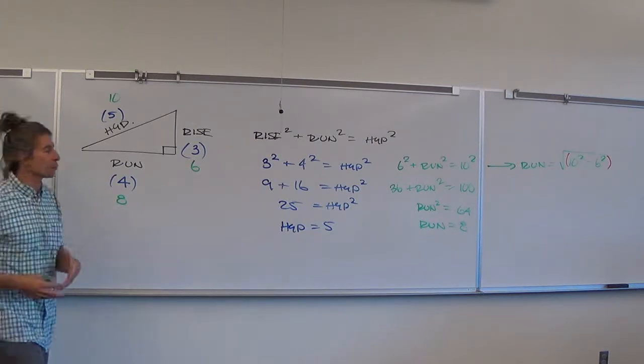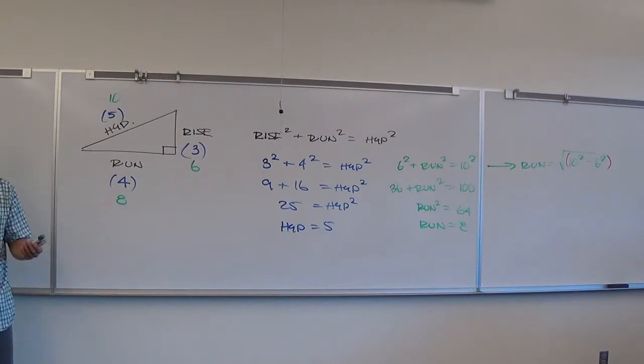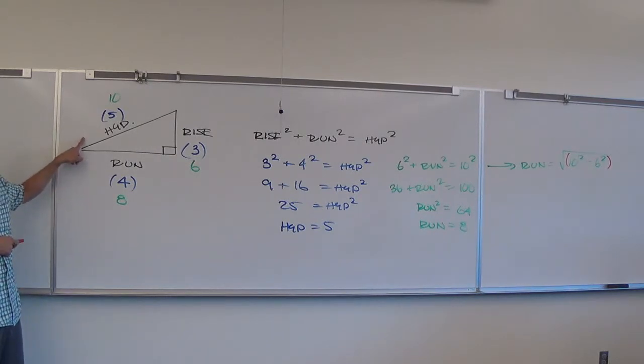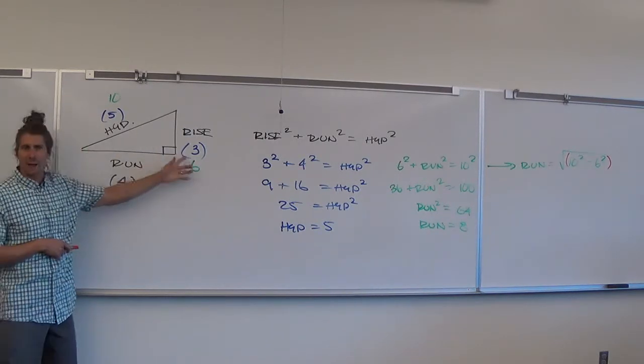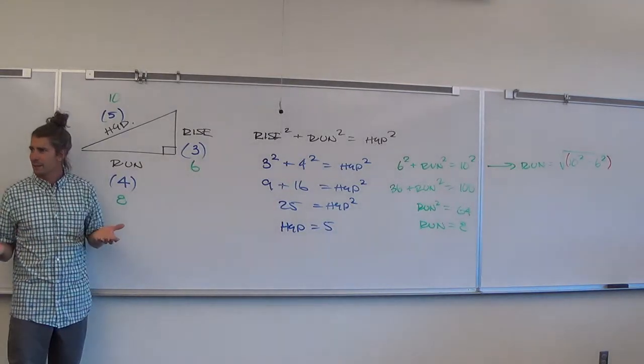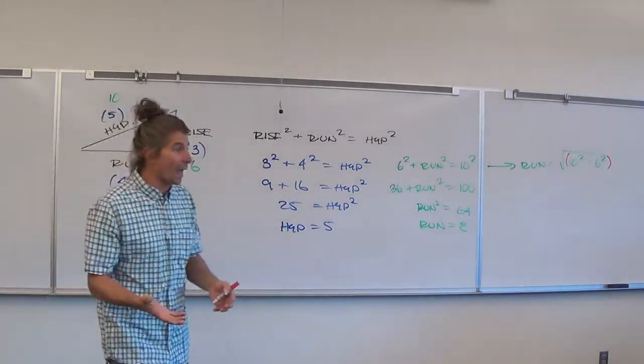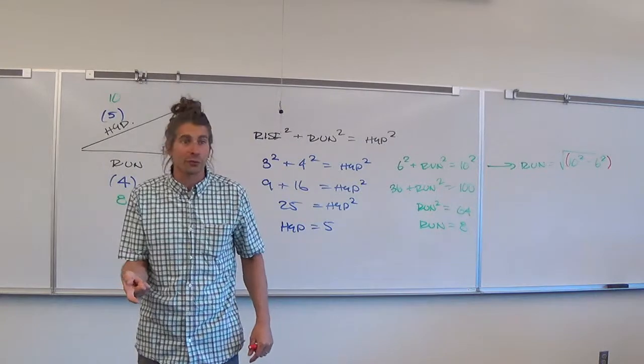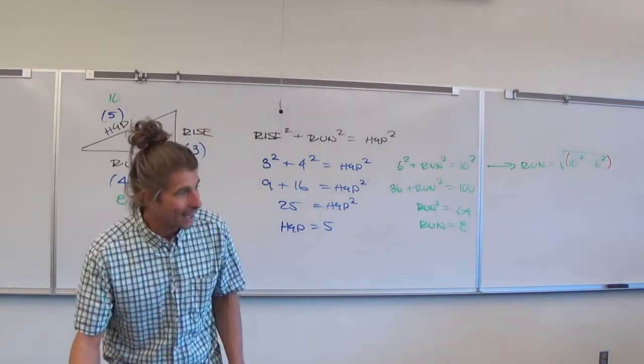Now, at the risk of running over, want to do one more? The third one I was going to do was to make the run and the hypotenuse known. But that's a little fictitious from a grade point of view, because you're never going to know those two things. You'll know the hypotenuse, but you're never going to know the run and the hypotenuse without knowing the rise. That doesn't make any sense, does it? I mean, you would definitely get the rise, because if you have an elevation tracker on your phone, you'll know where you started, and you'll know where you ended.